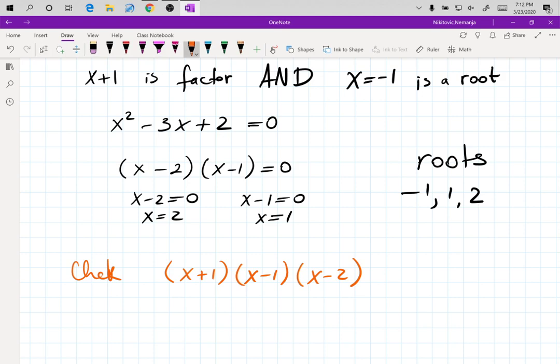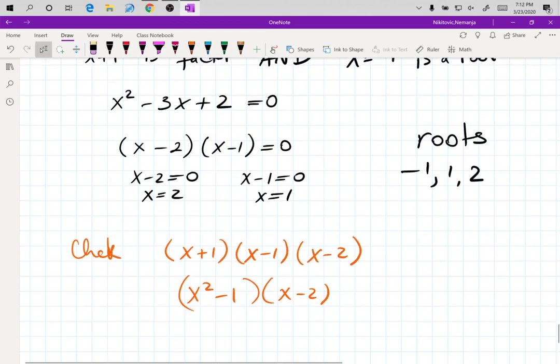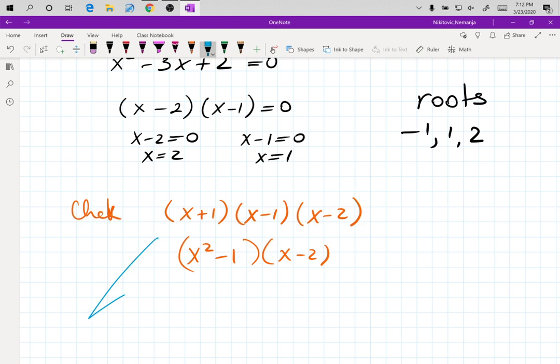When you multiply the first 2, well, this is a difference of squares, so x squared minus 1 times x minus 2. Middle terms cancel here because of the formula, I'll write it just in case. A plus b times a minus b is a squared minus b squared. That's the algebra formula that you might have forgotten.